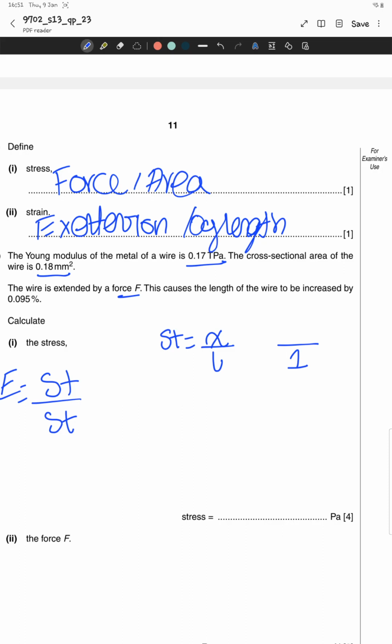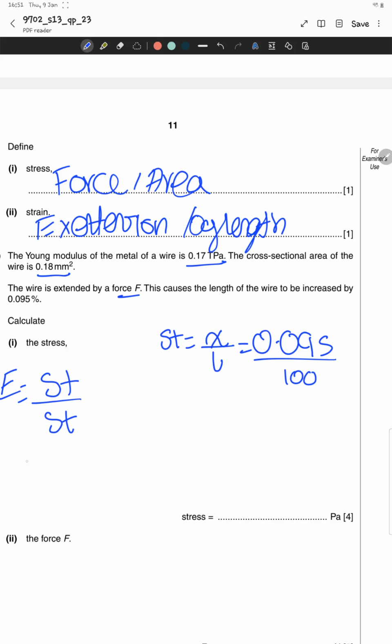So the strain would then be 0.095 divided by 100, because the length is increased by 0.095%. Percent is just a way to say divided by 100.